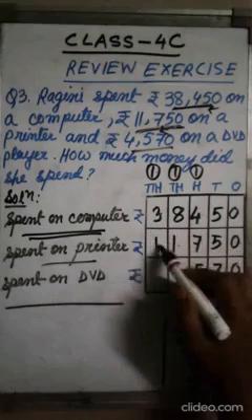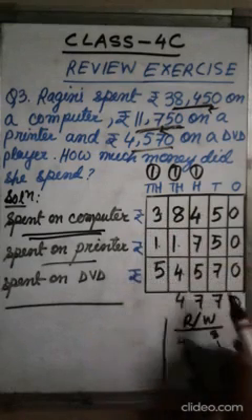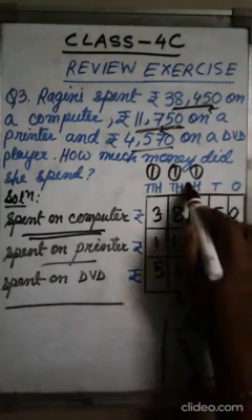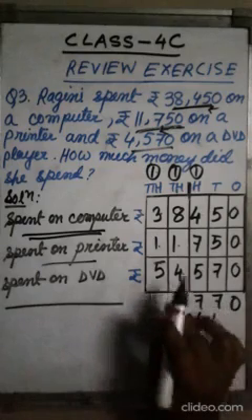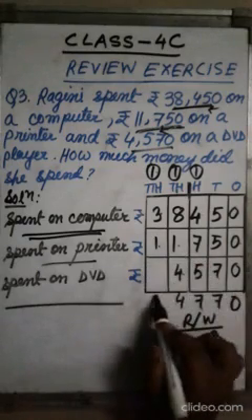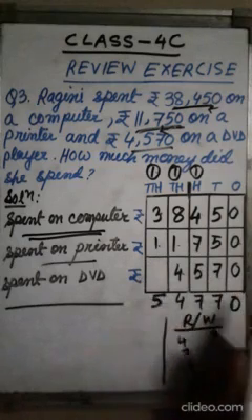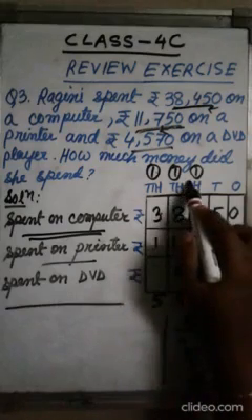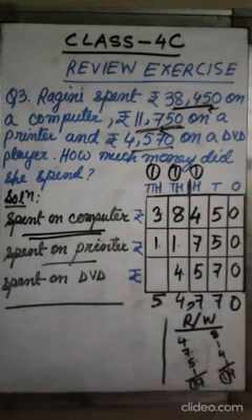1 plus 3 plus 1, this is 5. Thousands period is over here. So 5 I should write below. Thousands period is finished here, so I have to put a comma.